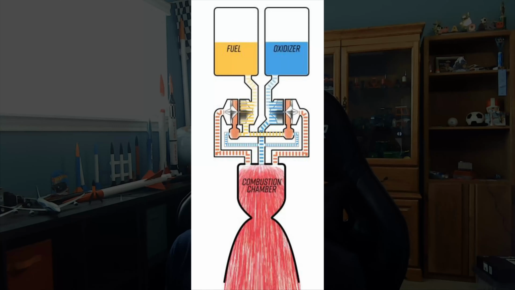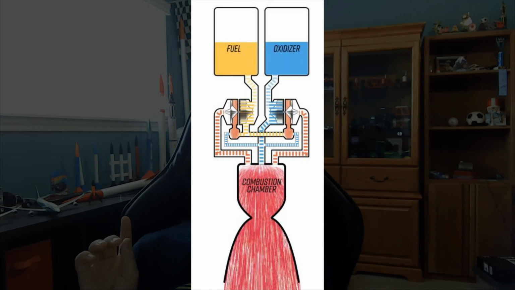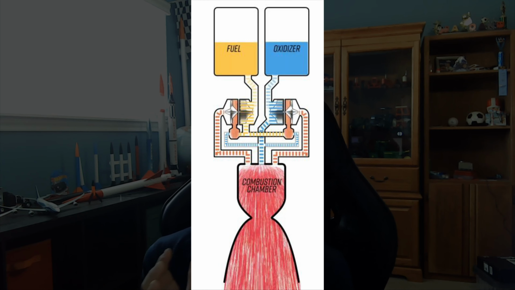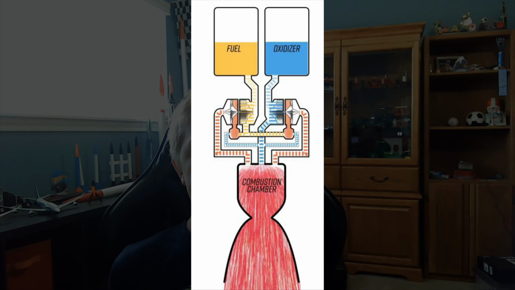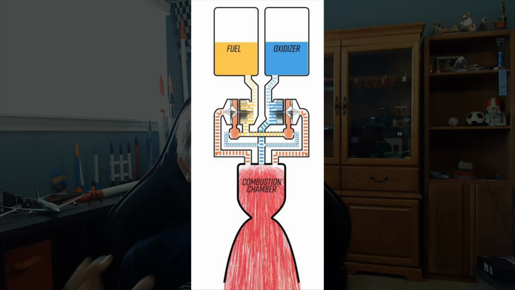The next to last type of rocket engine is the closed cycle fuel rich, which actually has a dual shaft. The oxidizer and the fuel each have their own pre-burner, which is fuel rich, and extra oxidizer goes into the combustion chamber for better combustion.